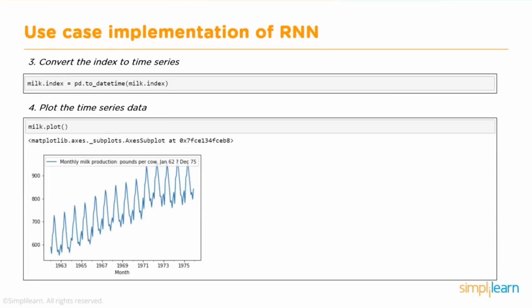And if we plot the data, we see here it is the data for the years 1962 to 75, and we can see that there is a certain trend. So this is how typical time series data would look. Again, if you're not familiar with time series and time series analysis, I would recommend you go through some videos around that, which will make it easier to understand this.